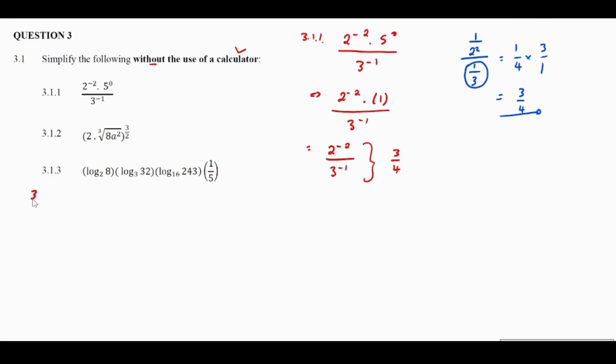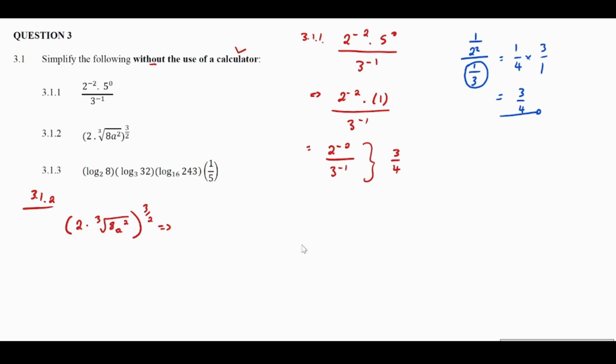Now, 3.1.2: we have open bracket 2 multiplied by the cube root of 8a to the exponent of 2, all of that to the exponent of 3 over 2. Now this one is going to be a little bit tedious, but it's the easy way to go.